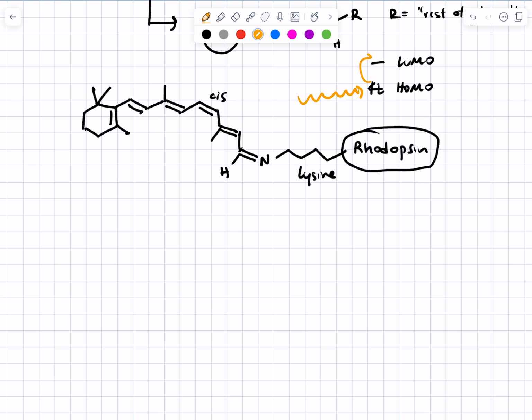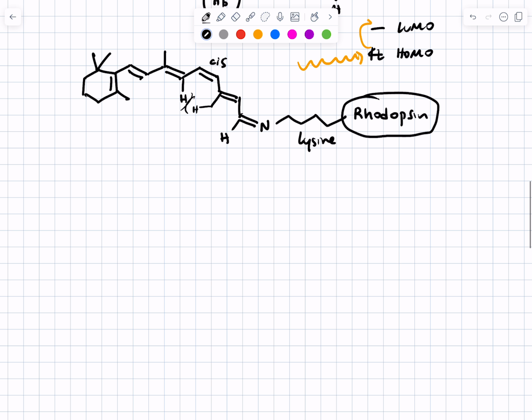That photon is absorbed. When that happens, it weakens the double bonds in this conjugated system, and this sterically hindered cis double bond, the protons from the methyl group and then that proton get in the way of each other. When you weaken that double bond, the molecule snaps open to a trans configuration.